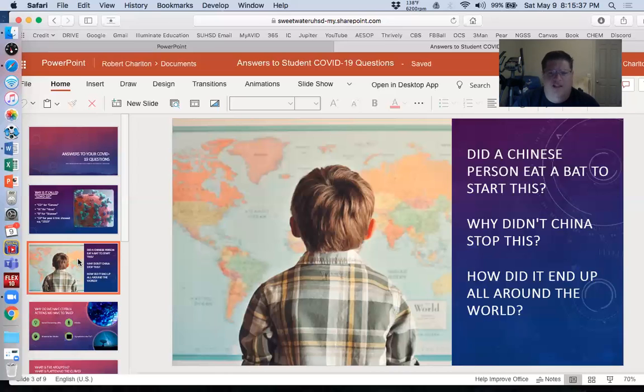It's not made in a lab to get us all, or people eating bats or whatever. I hear all sorts of crazy things. It evolved from the one that was in bats.